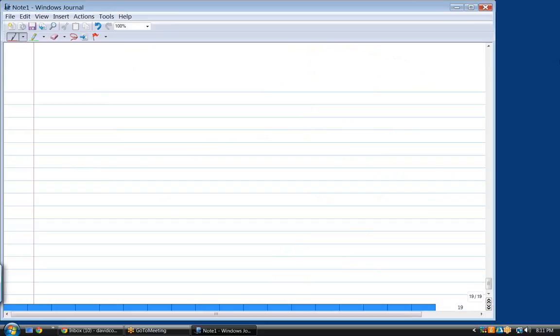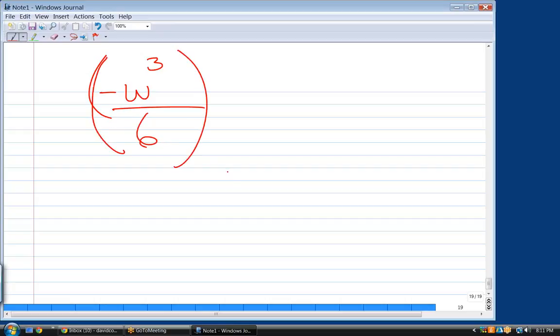Okay. This one says, in parentheses, negative w to the power of 3 over 6, and that's the end of the parenthesis, to the power of negative 2. What does that negative 2 apply to?